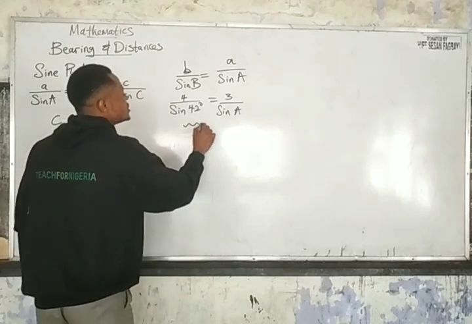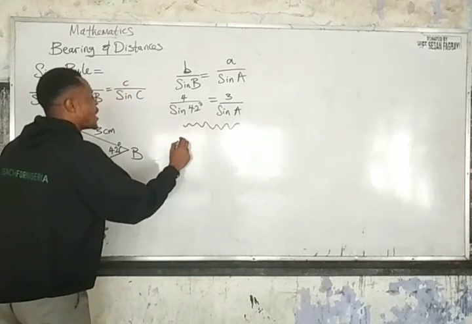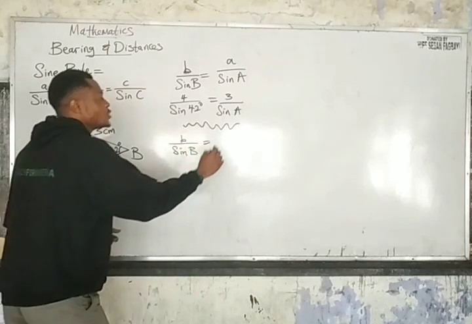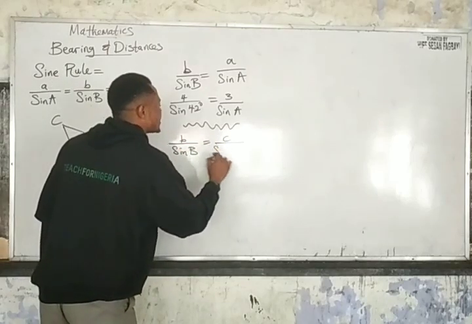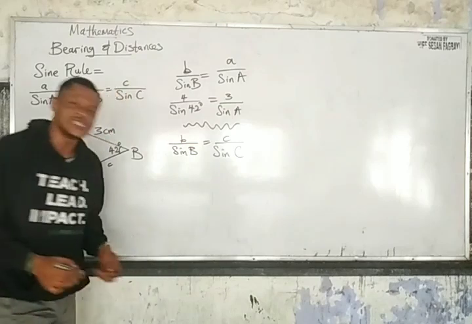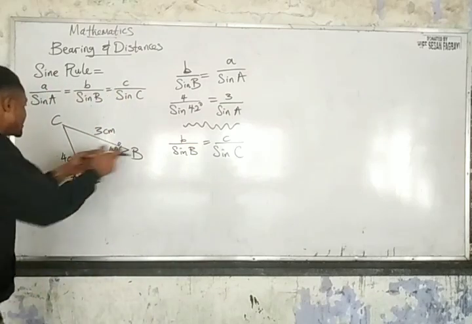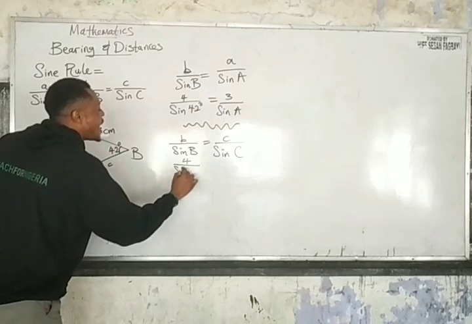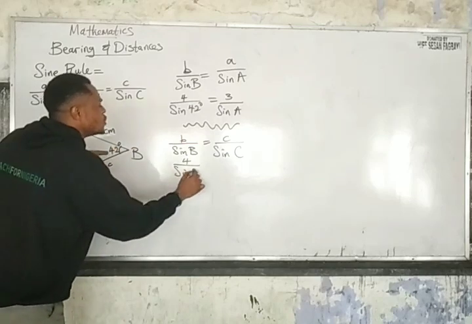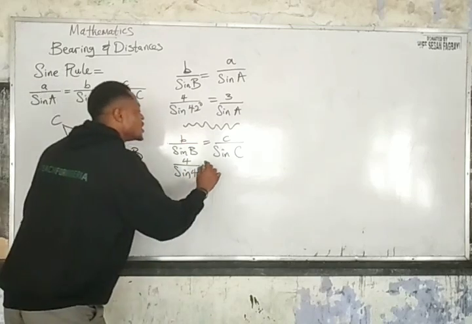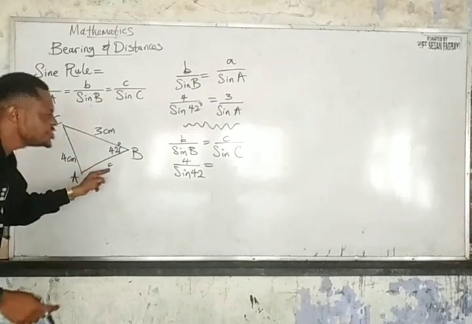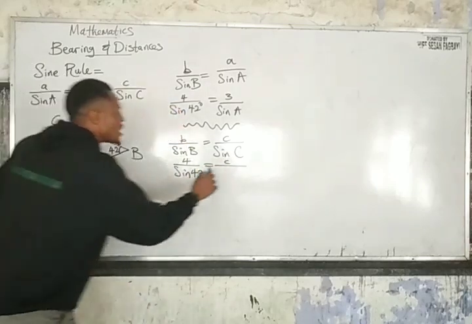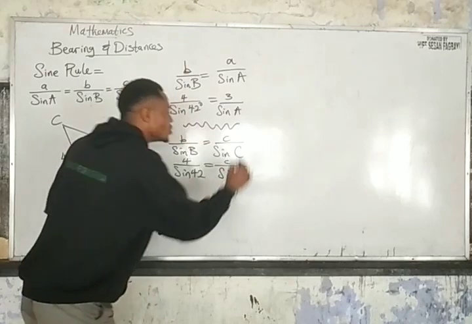So this is another situation where b over sine B equals c over sine angle C. For b, we have 4, and sine angle B, which is 42 degrees, equals c, not known, and angle C, also not known.